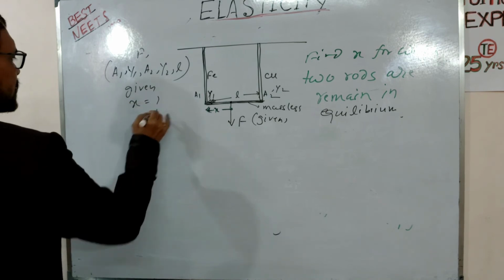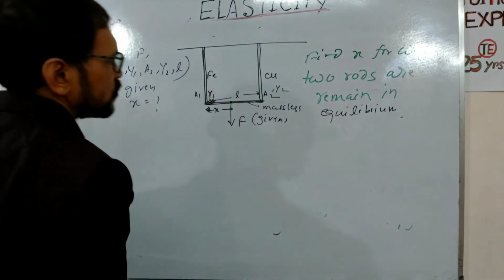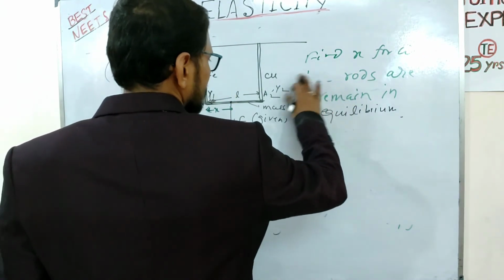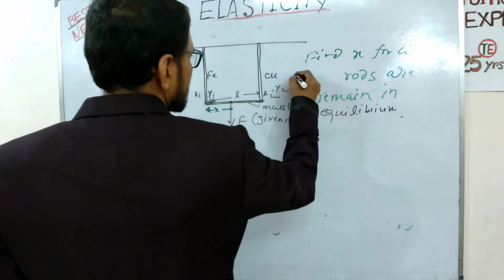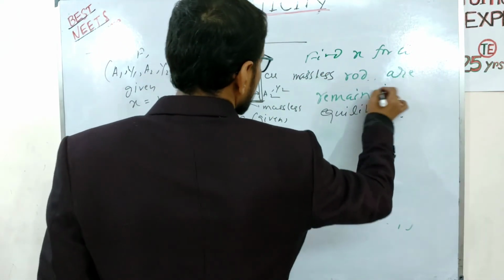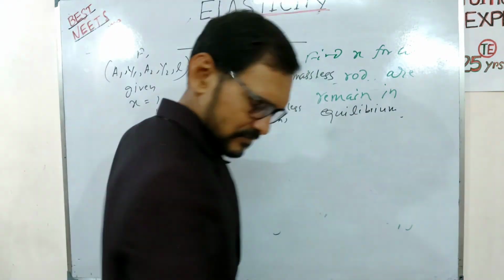Find x for which the massless rod remains in equilibrium.